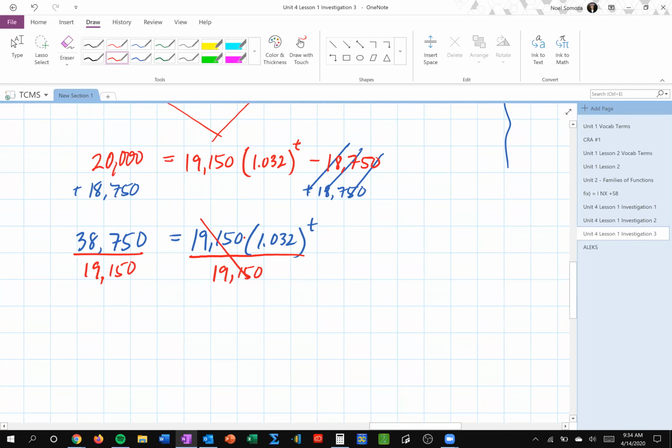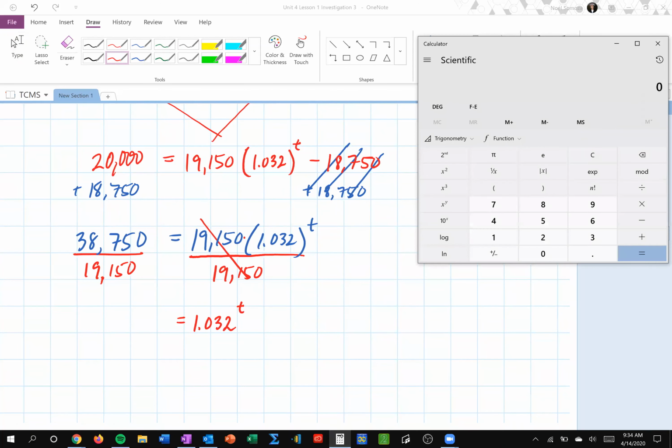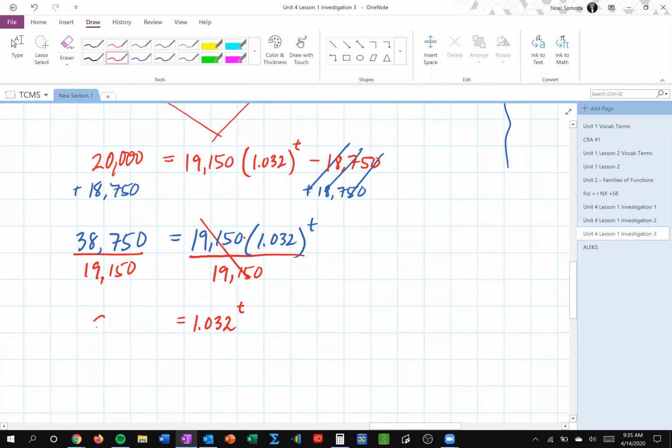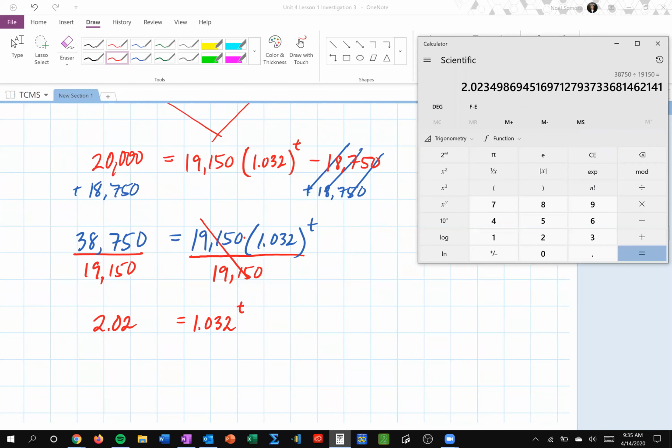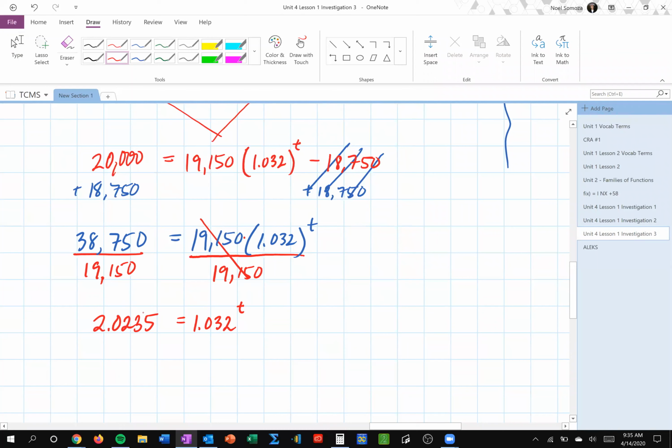That's going to cancel for us, and we are left with 1.032 to the power of t is equal to 38,750 divided by 19,150. That gives us 2.0235.